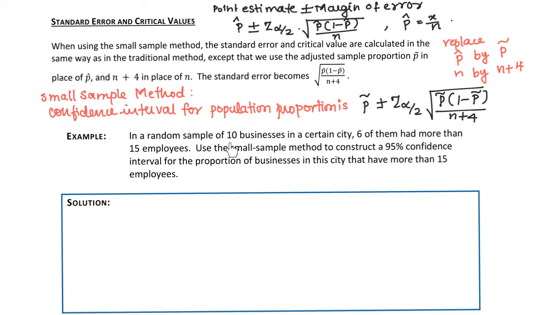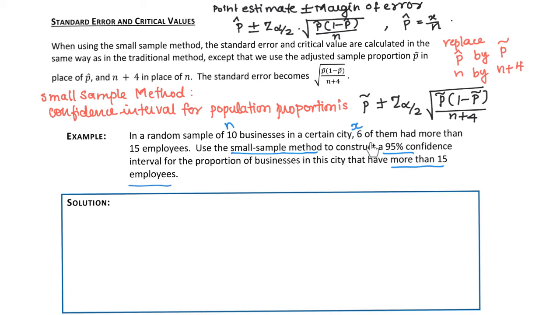In a random sample of 10 businesses in a certain city, 6 of them had more than 15 employees. Use the small sample method to construct a 95% confidence interval for the proportion of businesses in the city that have more than 15 employees. Here n is 10 and x is 6. So this is a small sample.